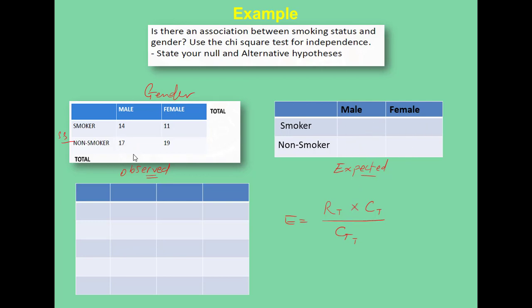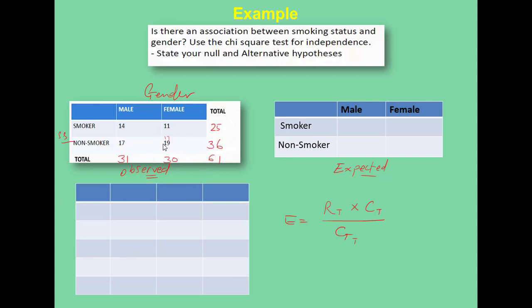Let's first of all fill in the totals here. So the total here is 25. The total here is 31. The total here is 30. The grand total is 61. The total here would be 17 plus 19. It gives us 36.